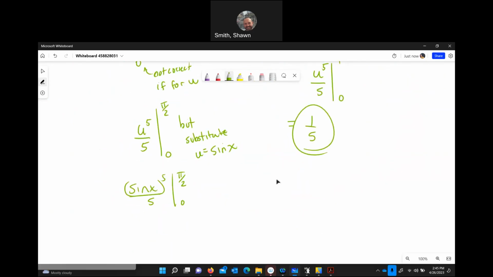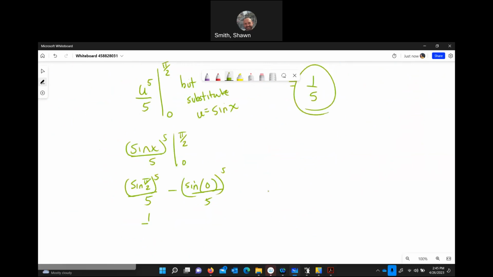And now you can put in sine of pi over 2, all to the 5th over 5. Sine of pi over 2 is 1. I put sine of 0, all to the 5th over 5. Sine of 0 is 0. It's still 1/5. So you've got a couple options.